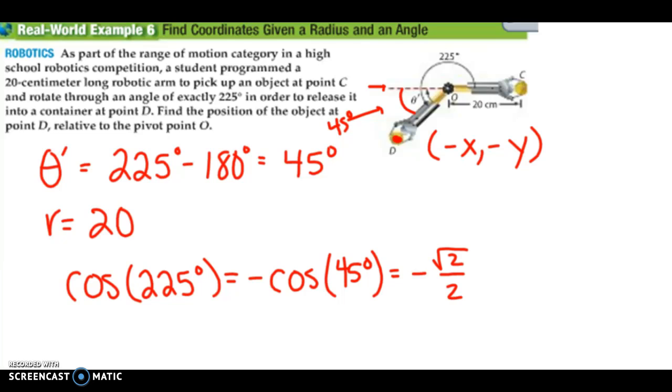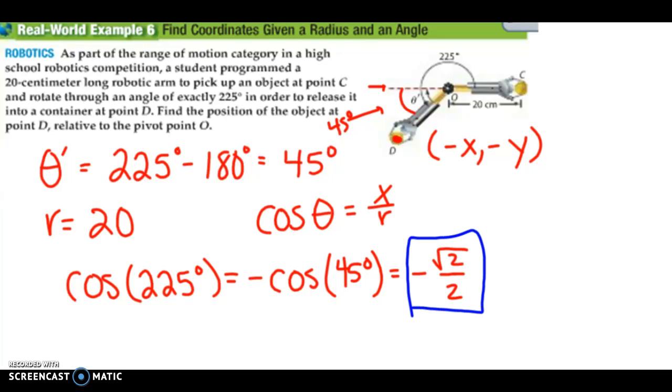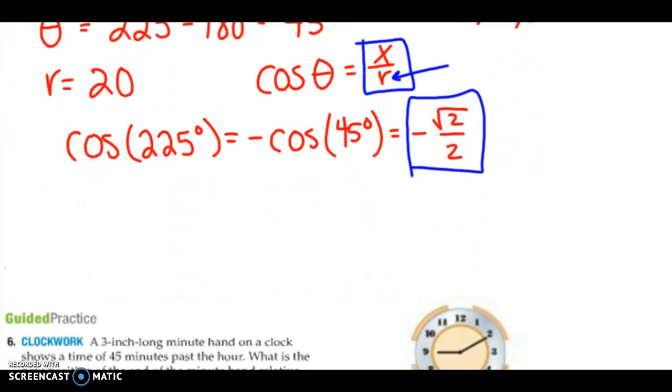Since it's negative, it's this. Now, we also know that cosine of any theta is always x over r. So we don't know what x is, but we know that r is 20. So I'm going to take this value right here and set it to this value right here, knowing that r is really 20. So I'd say negative square root of 2 over 2 is equal to x over 20.